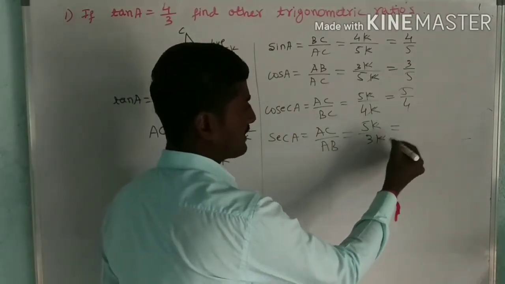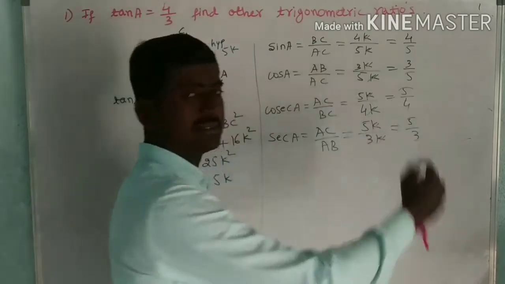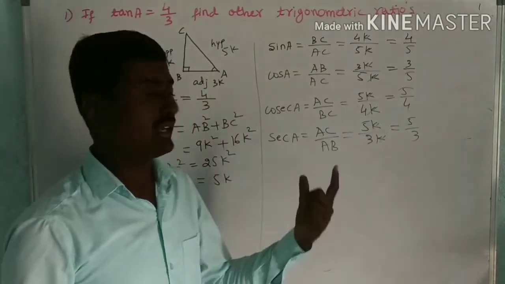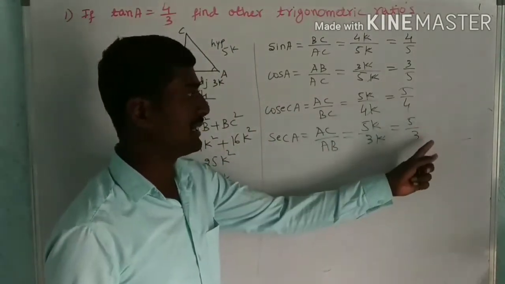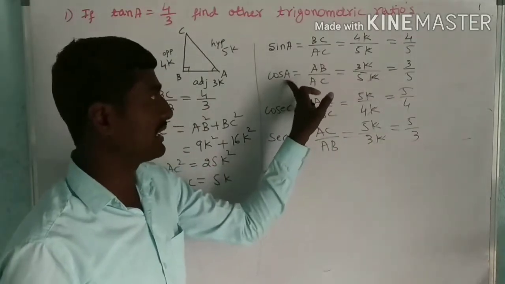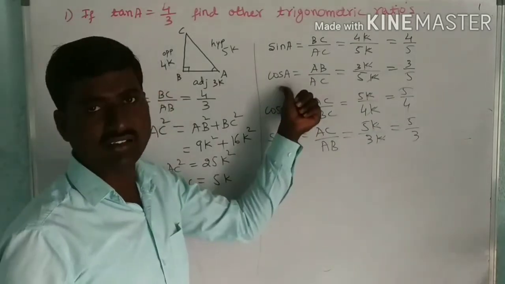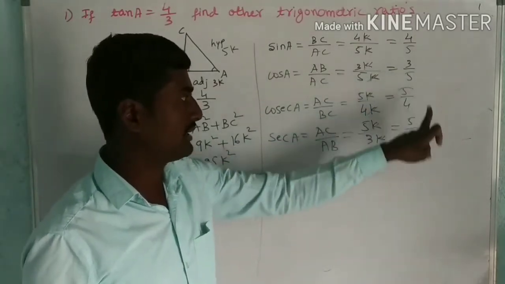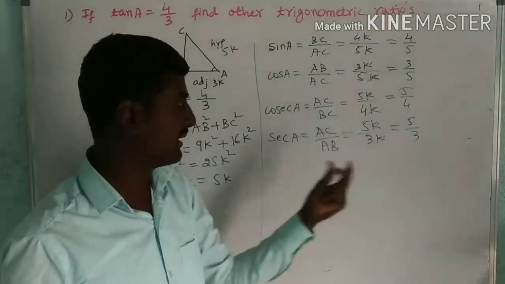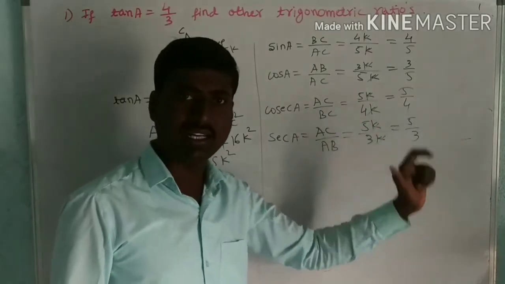K will get cancelled. 5 divided by 3. Here also I can write sec A is equal to 5 by 3 directly because already I am getting cos A is equal to 3 by 5. Sec is the reciprocal of cos. So sec A is equal to 5 by 3.